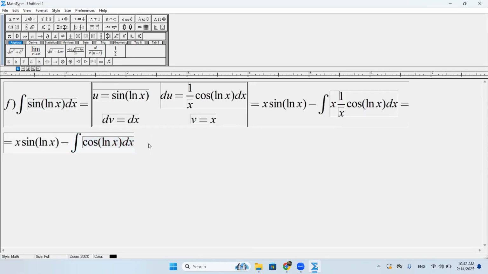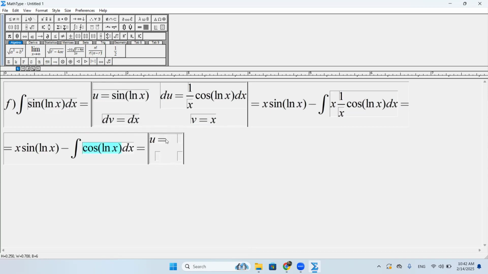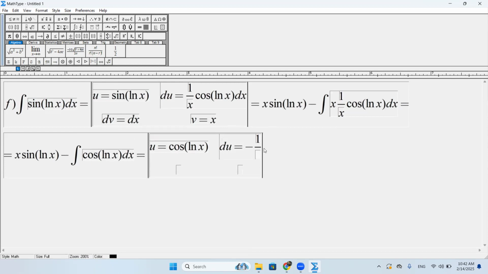Now again we need to use integration by parts. Again, u equals cosine of logarithm x, and du equals minus 1 over x and sine of logarithm x. Then dv equals dx and v equals x.